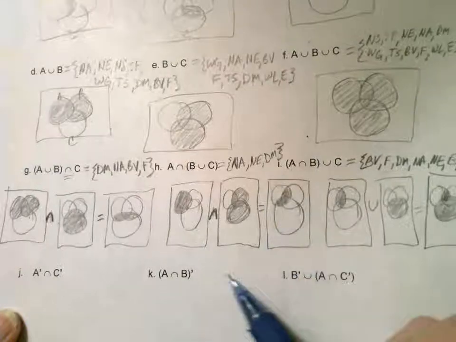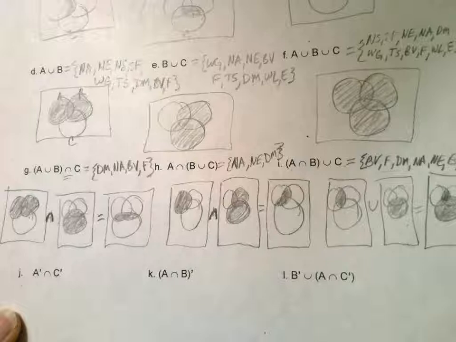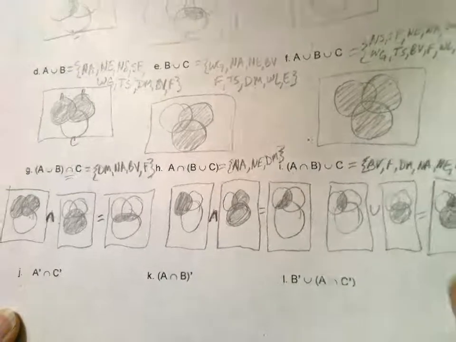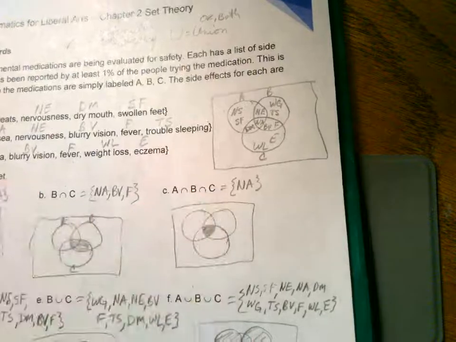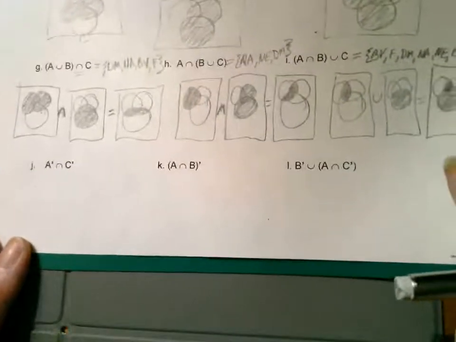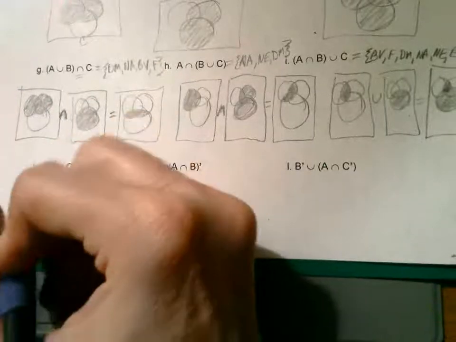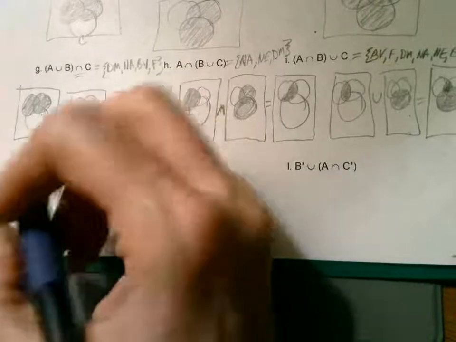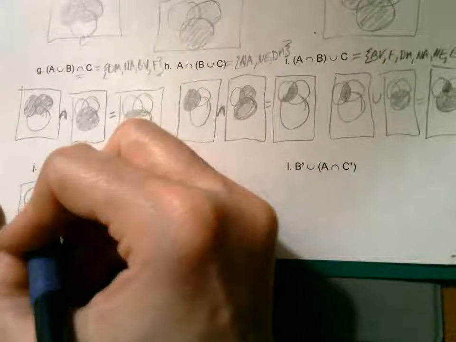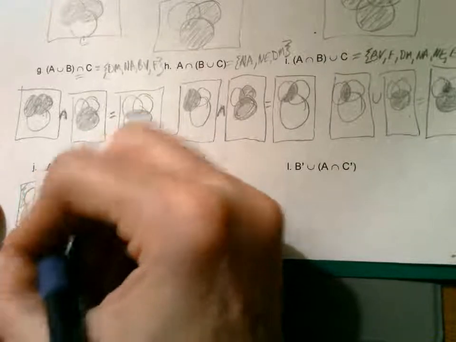Gives you those. And that one I just did. Okay. So I'm still using this thing that I drew from my information. Sorry about not showing the down part of this. Okay. So not A and not C. So not A would be all of this.